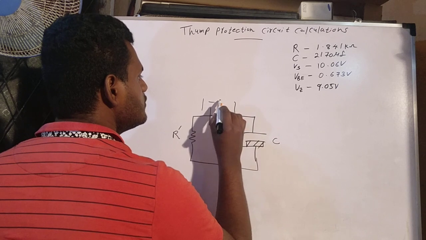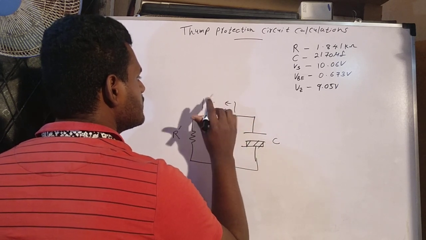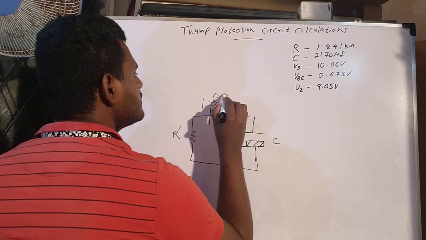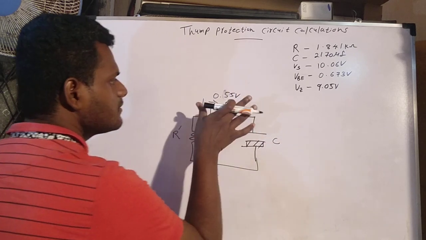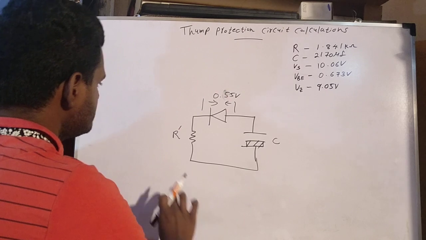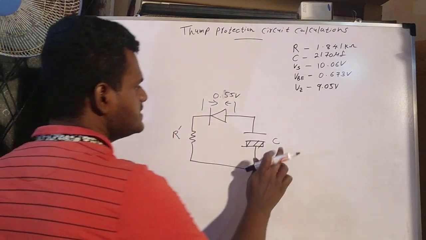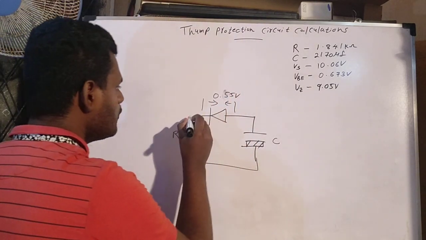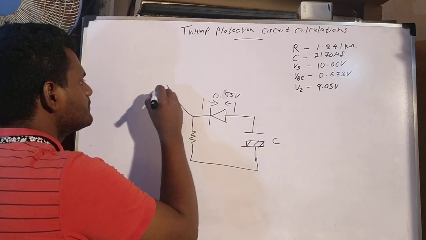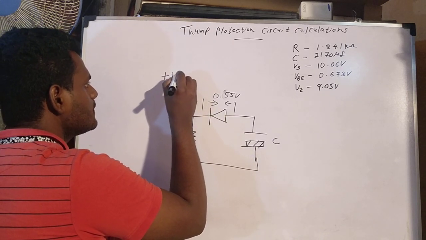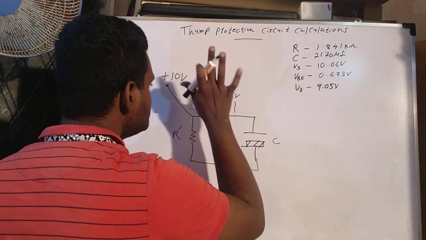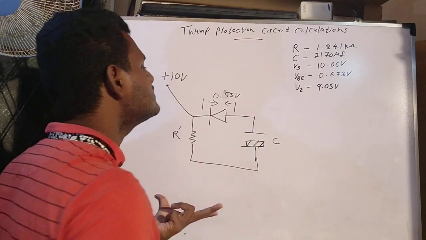Here the voltage drop, I take it as 0.55 volts, no problem. And here we have R dash C. Also, at this point the voltage is 10 volts in the working stage of the circuit.